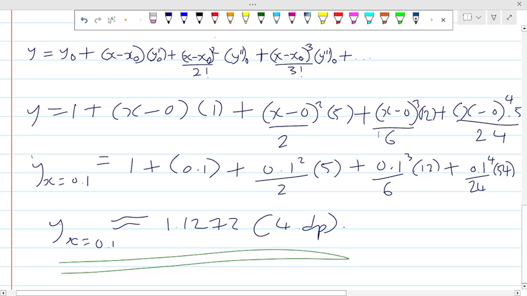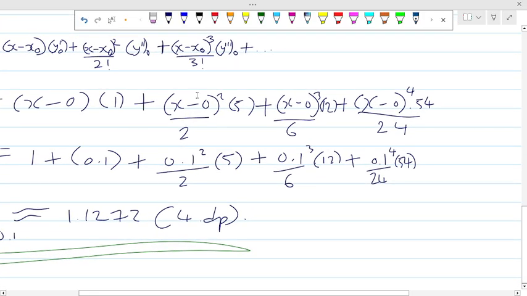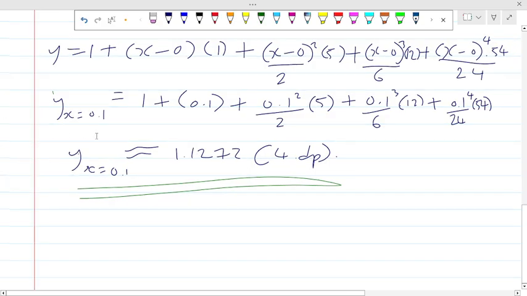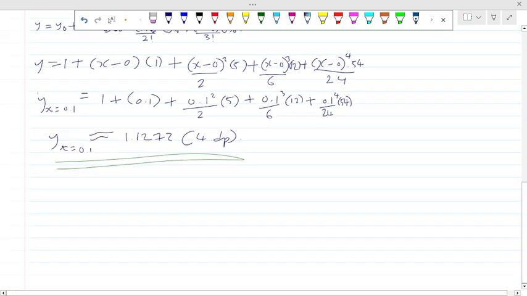Next, plus x, 0.1 raised to the power 3, divided by 6, multiplied by 12. Okay? And then, plus sign, of course, x raised to the power 4, divided by 24, multiplied by 54. So, once you just do that, if you want to use calculator to save your time, you can do that, and you have this as your answer. So this is using Taylor series to get the approximate value of y when x is 0.1.